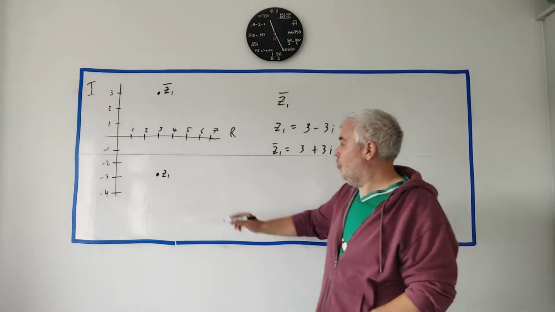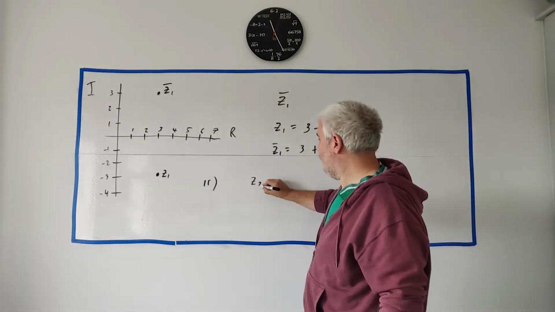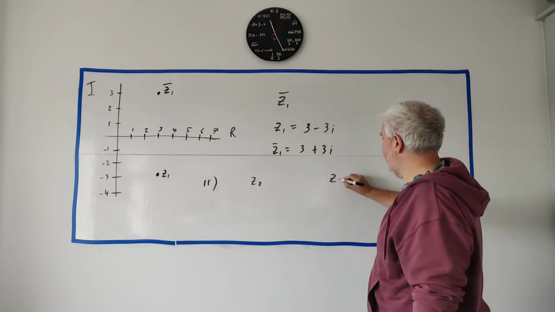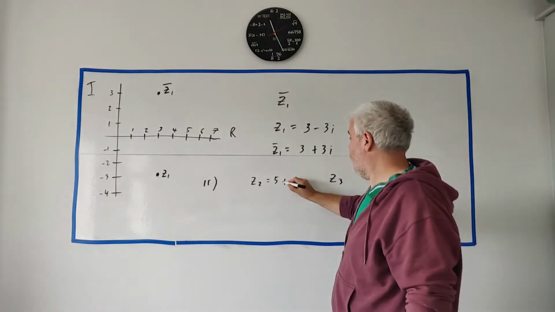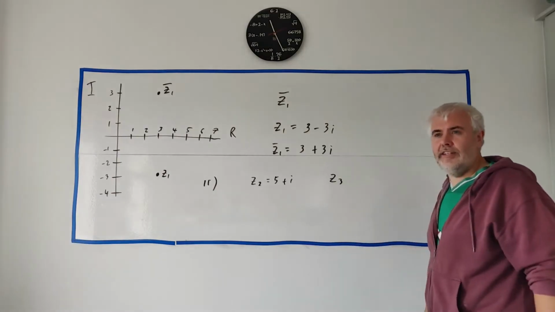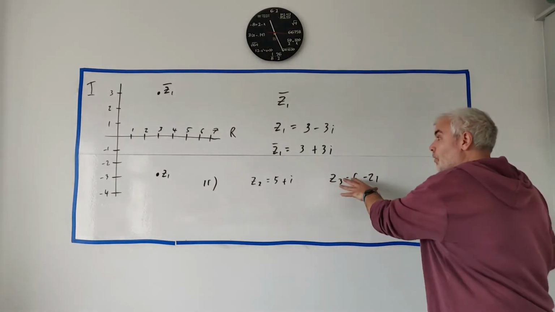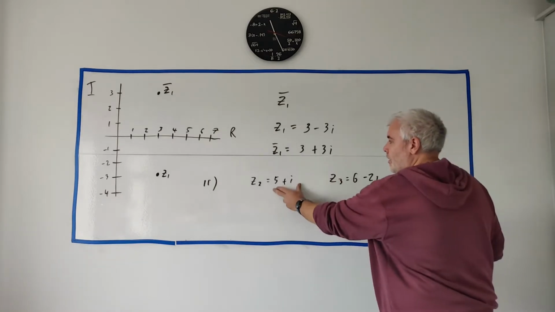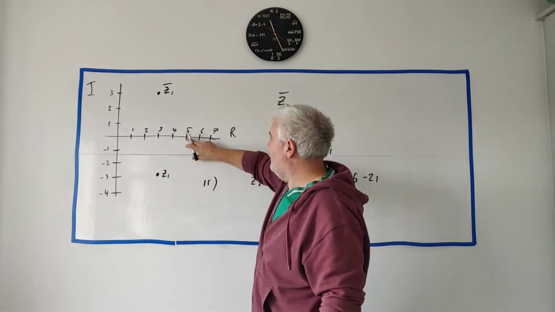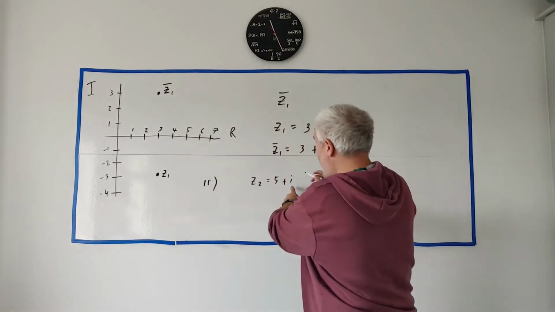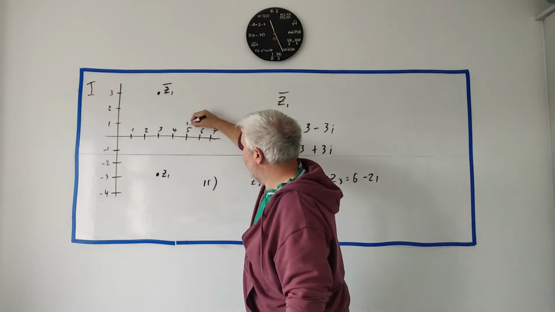Okay, so part 2. Plot and label Z2 and Z3. And they tell you what they look like. They are 5 plus i, and this one is 6 minus 2i. Basically plot and label these. 5 plus i, put it on here. 5 on the real. 1i on the imaginary is right here.